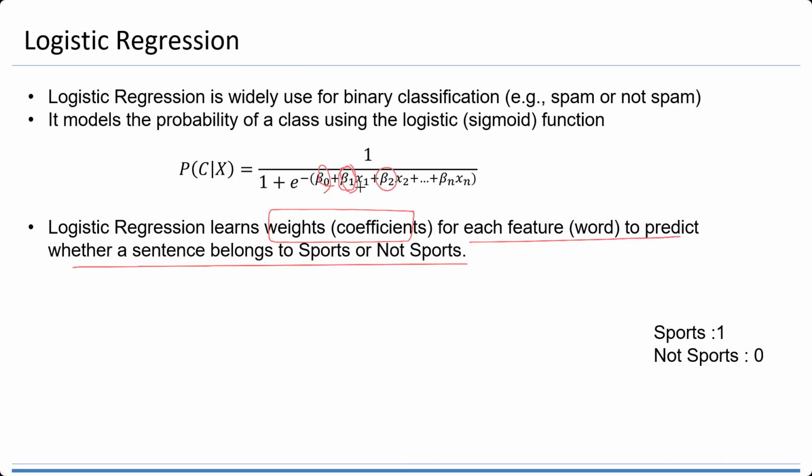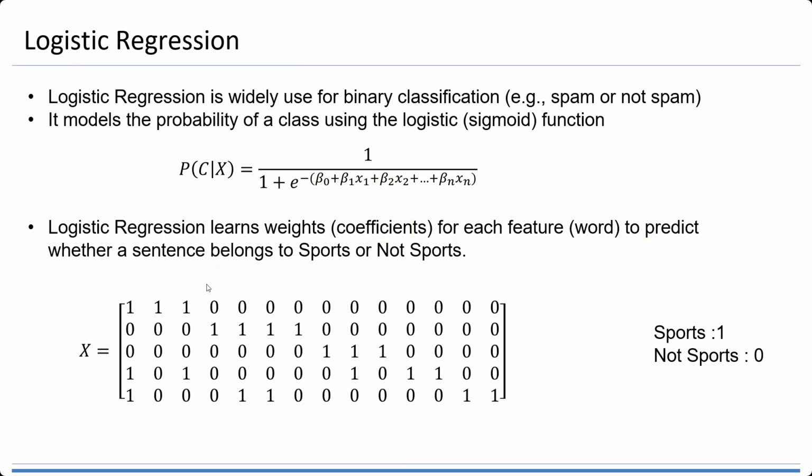If the word appears a lot, then maybe this weight is high. When the word appears less, the weight may also be small. So we can create this kind of binary table, like what you already learned on the previous table.